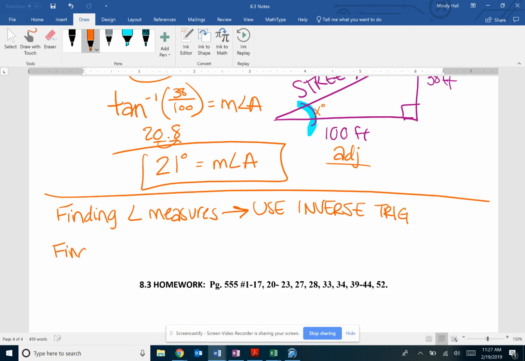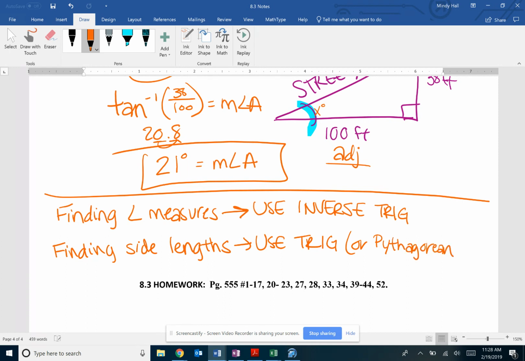If you are finding side lengths, just use regular trig, or Pythagorean theorem if you can. Okay, and your other option with inverse trig for finding angle measures is to use the subtract from 180, if possible.